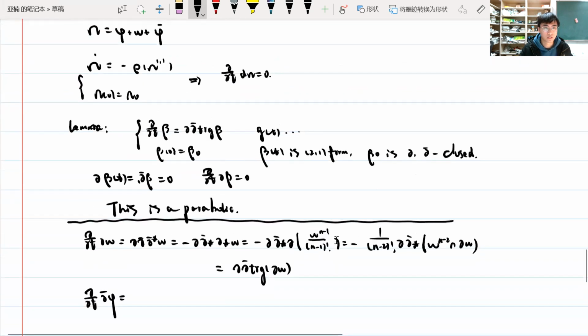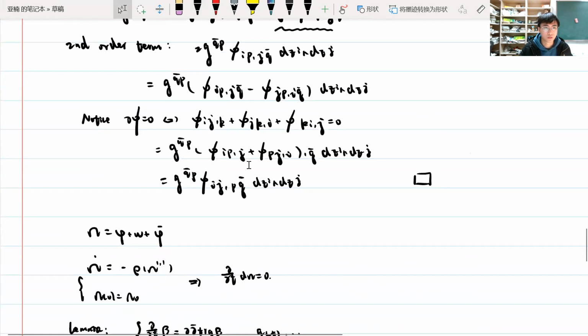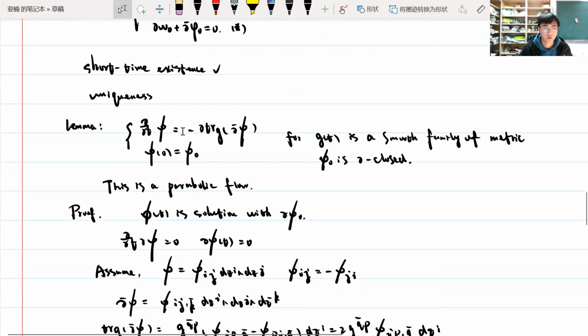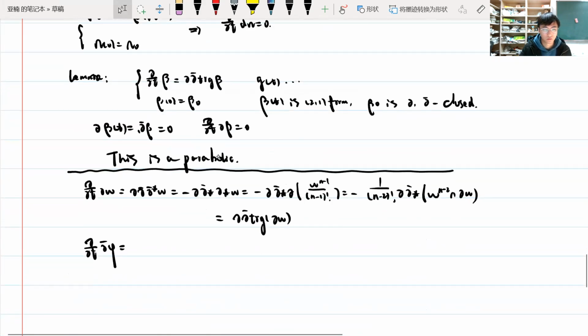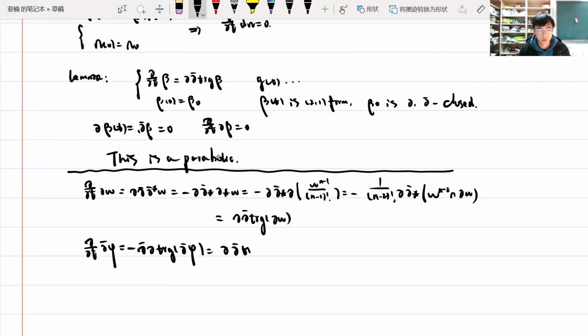It also satisfies, recall that it satisfies this equation, and apply the bar operator. We have minus, or is it, trace R maybe.